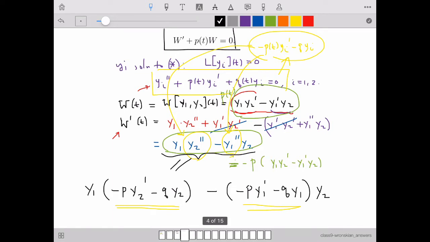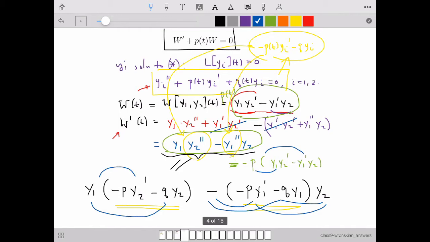Okay, so let's see. Minus p y1 y2 prime, that is this, plus p y1 prime y2, that is this, and we get minus q y1 y2 plus q y1 y2, so that cancels out.